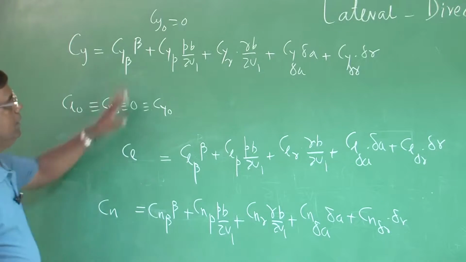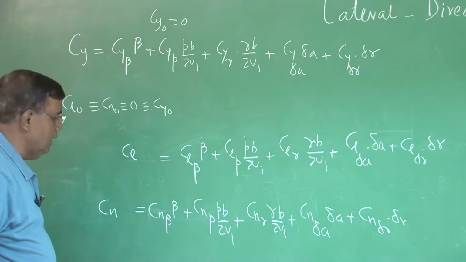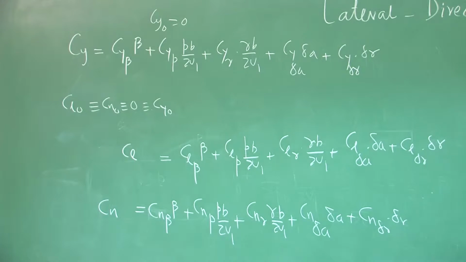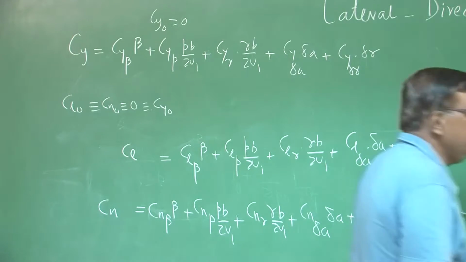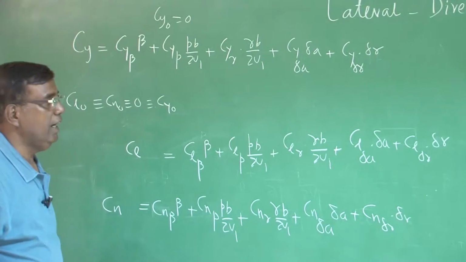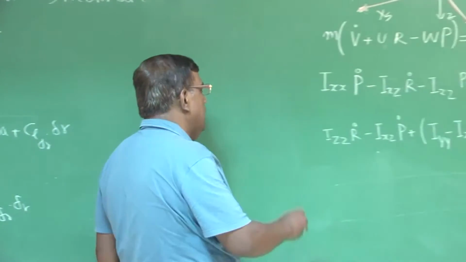Now see here, before you play any game with these derivatives, let us be sure we have understood them in terms of their sign. In stability, many times, perhaps most of the time, one should be very, very careful about the sign. The sign decides more importantly than the magnitude.